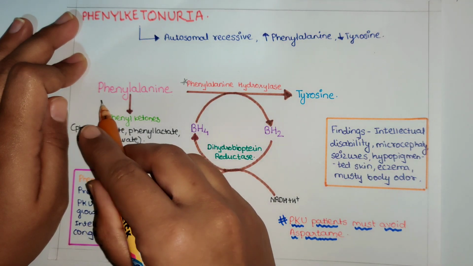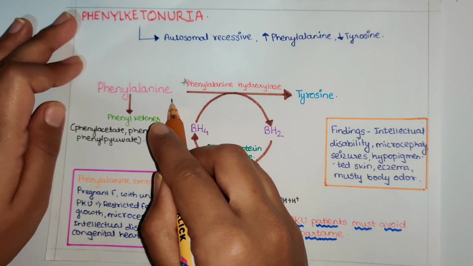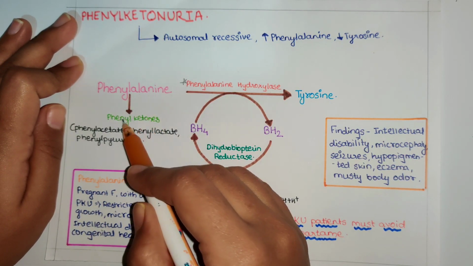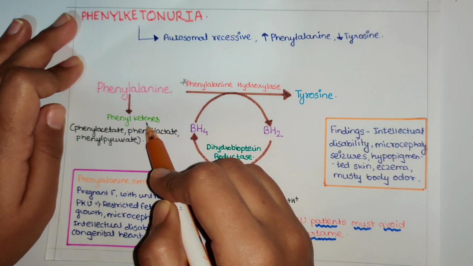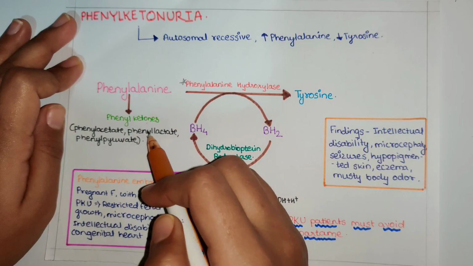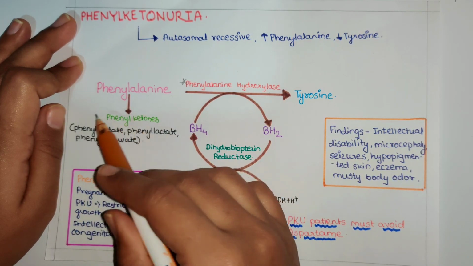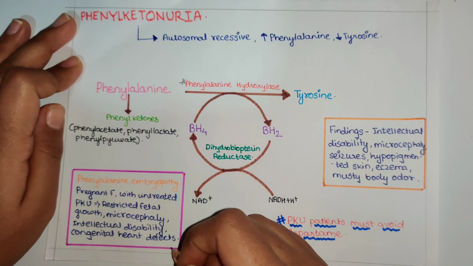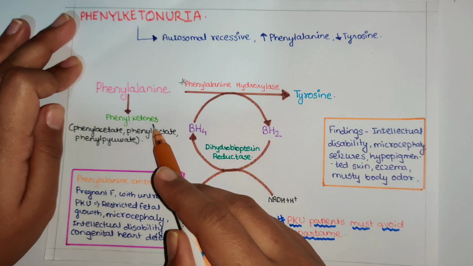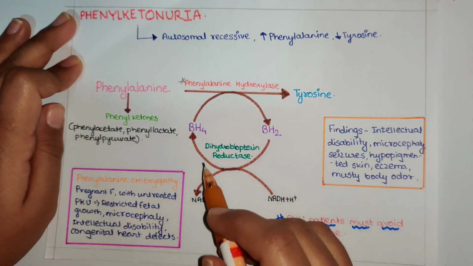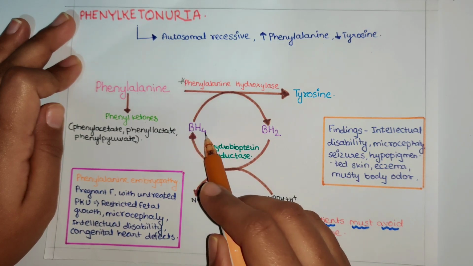That is why phenylalanine builds up in our body and it gets metabolized into phenylketones, which are toxic. So what are phenylketones? Phenylacetate, phenyllactate, phenylpyruvate. These are phenylketones which are toxic to our body, and when there is increased amount of phenylalanine, it will get converted into phenylketones.